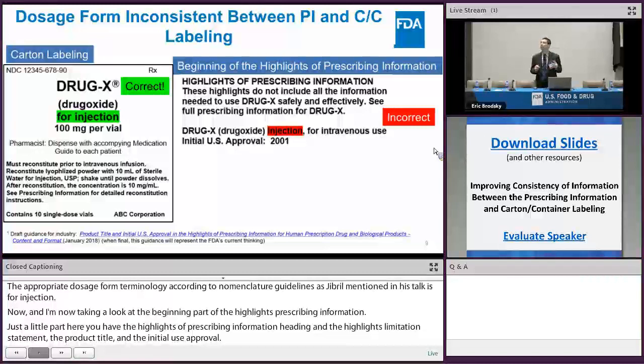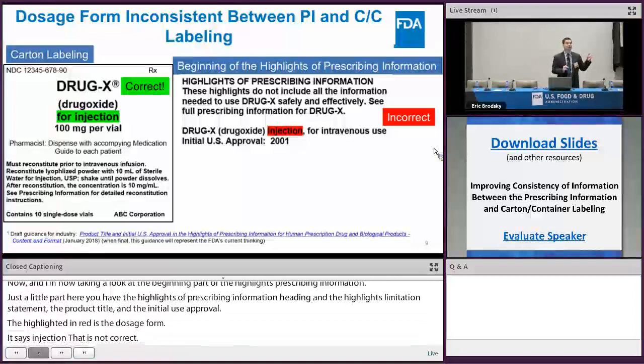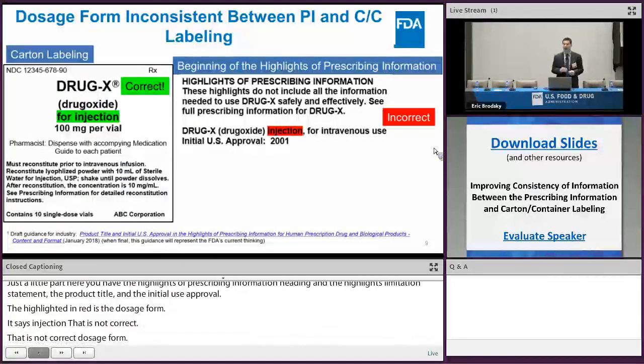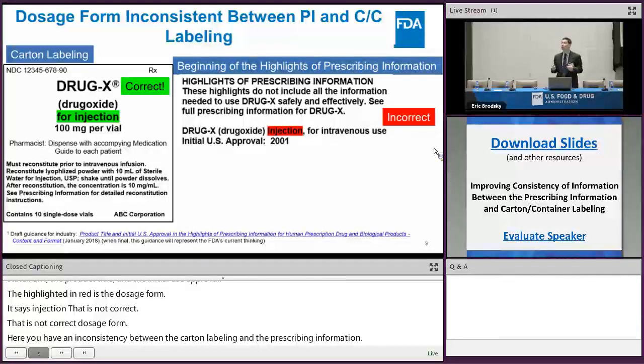That is not correct. That's not the correct dosage form. So here you have an inconsistency between the carton labeling and the prescribing information. To correct this, the correct dosage form for this lyophilized powder is to use "for injection" on the carton labeling and use the term "for injection" in the product title.